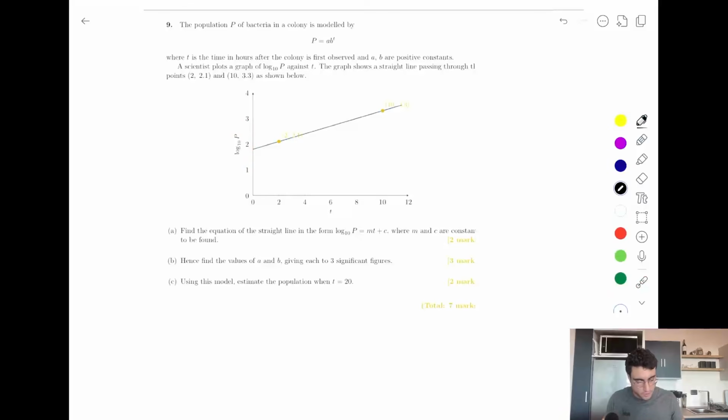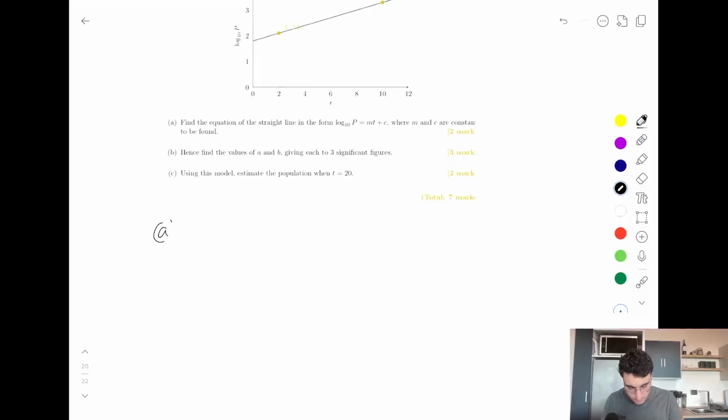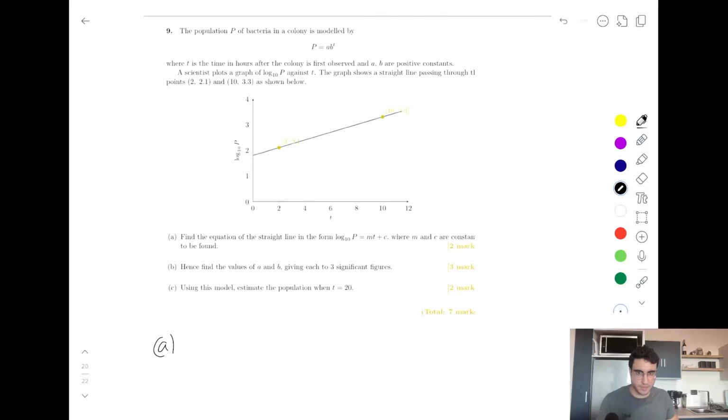So we are told for part a to find the equation of the straight line in the form log 10 p is equal to mt plus c, where m and c are constants to be found. So how do we go about doing this?